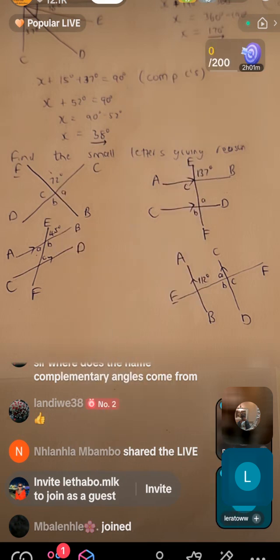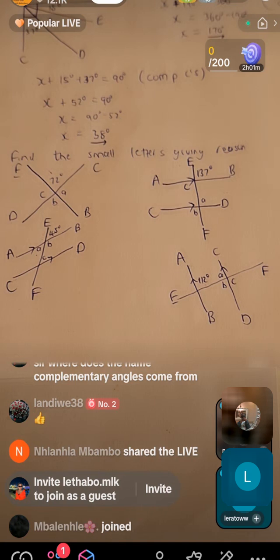The basics of grade 8 and 9 are fundamental to geometry as you go up. I'm teaching grade 12s at school, and you would be shocked at how many of them do not remember or utilize these basics because they've forgotten.